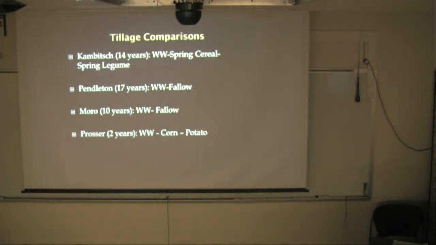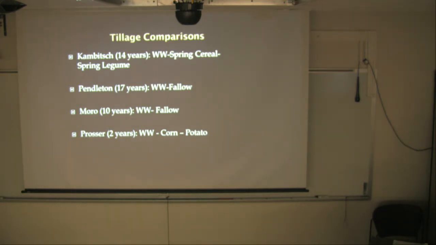So these sites were selected not only for this climatic gradient that they represent, but also for the crop rotations present at each site, which include both tillage comparisons and cropping intensification comparisons. Here I have listed the tillage comparisons, which are present at 4 sites. At Cambridge, with 14 years of management history with these rotations, includes winter wheat, spring cereal, and a spring legume rotation.